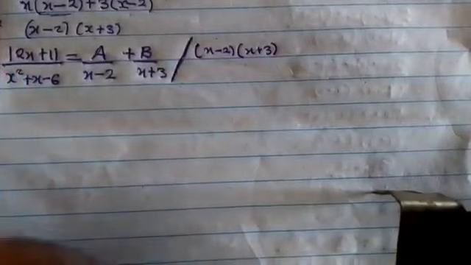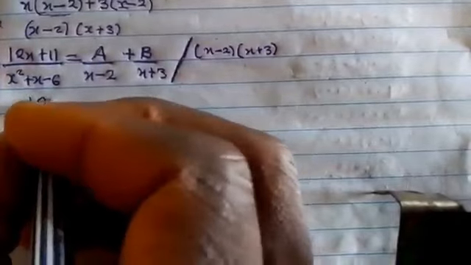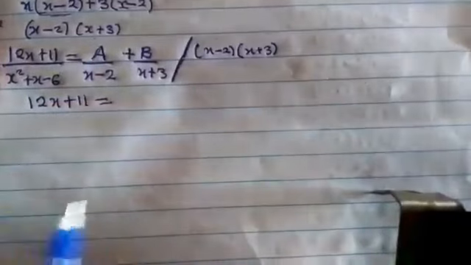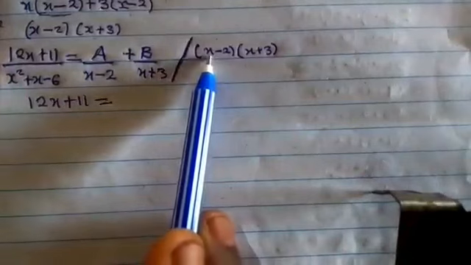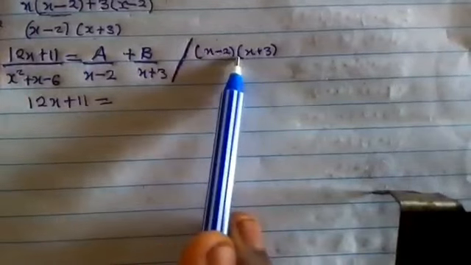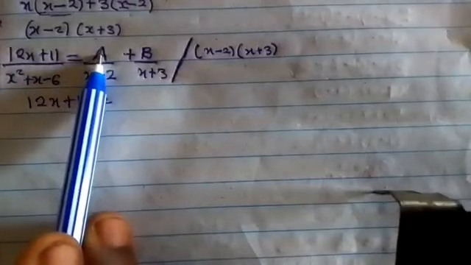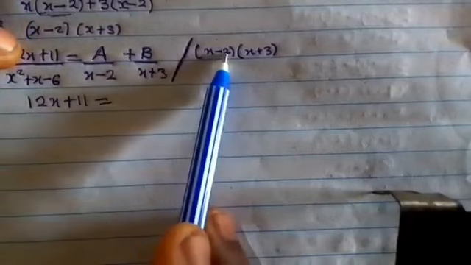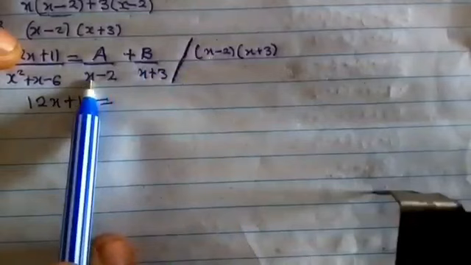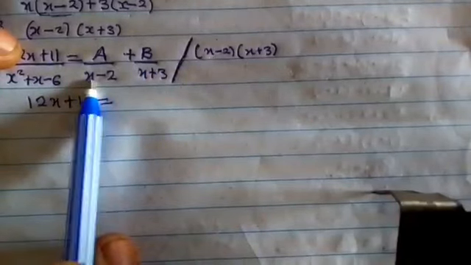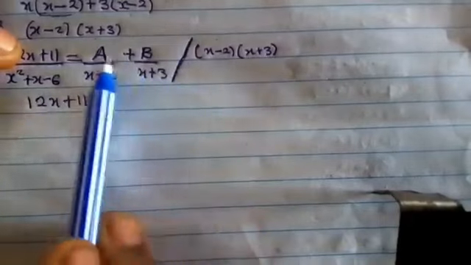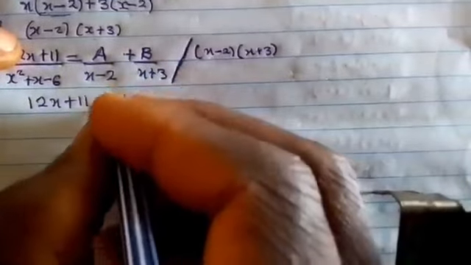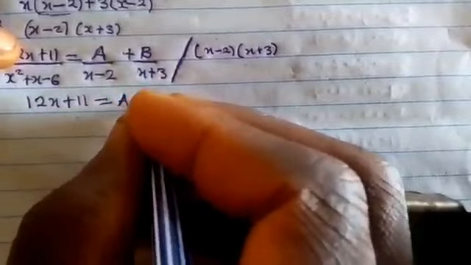Here we remain with 12x plus 11, which is equal to, as usual, the linear factors multiplying with A. We have x minus 2 here and also x minus 2, so they cancel each other. Therefore, we remain with A multiplied by x plus 3, then close.